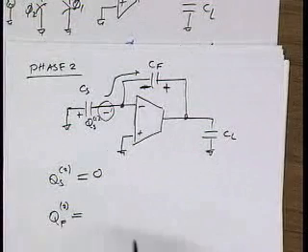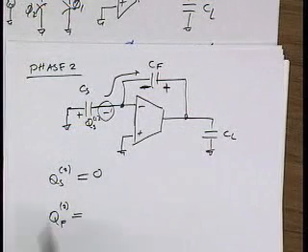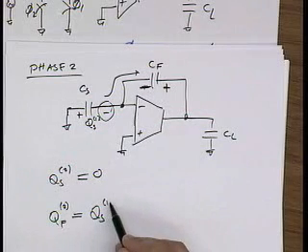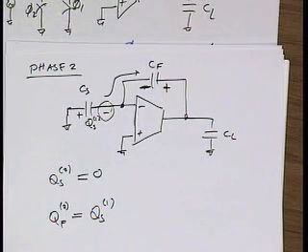And so the charge on the feedback capacitor in phase 2 is precisely equal to QS in phase 1. Okay? Any questions? Anybody see an approximation in this? Certainly for the ideal case it's right?